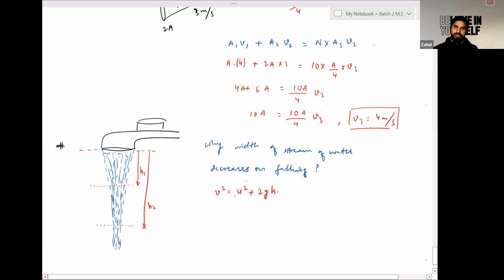Let's say initial velocity is 0. So velocity equals root under 2gh. So as it falls down, the greater the height it descends, the greater velocity it attains. And according to the equation of continuity, if velocity increases, area must decrease. That's why the width of a stream on falling down keeps shrinking.